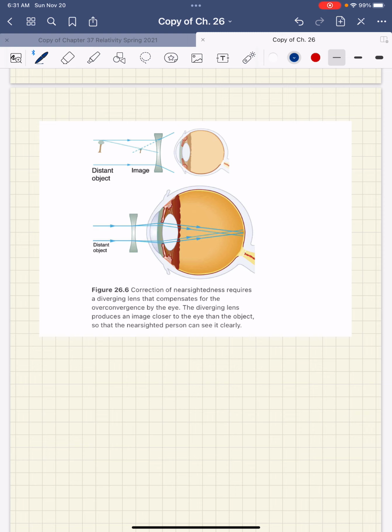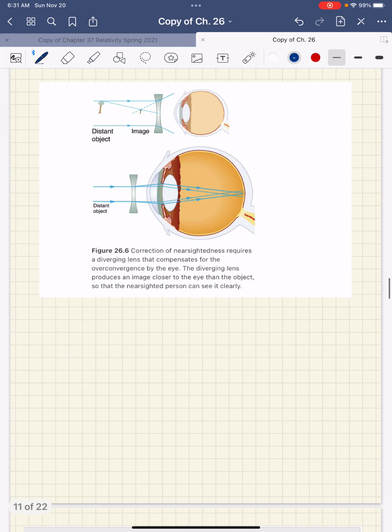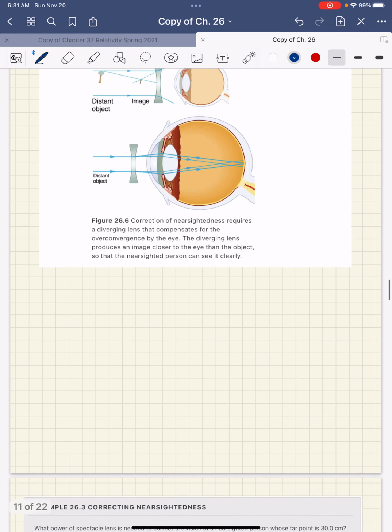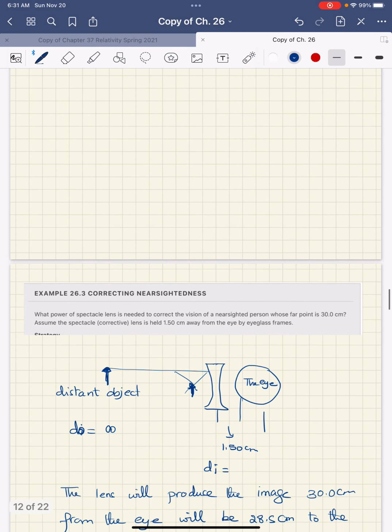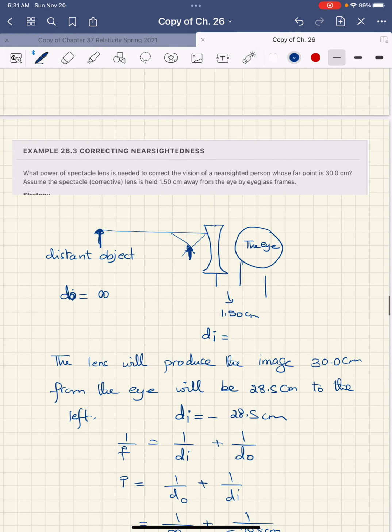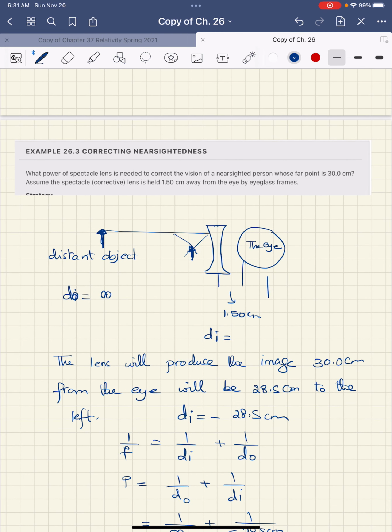A divergent lens means a concave one, and therefore we make the image form on the retina. Here we have a question: what power of lens is needed to correct the vision of a nearsighted person whose far point is 30 centimeters?